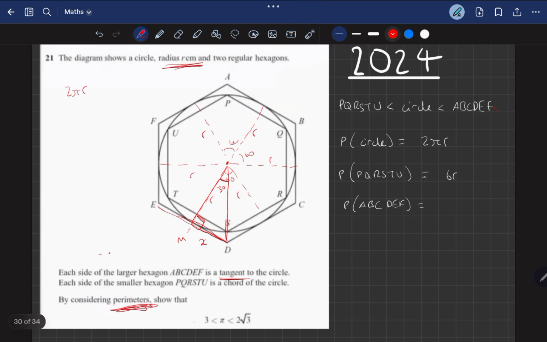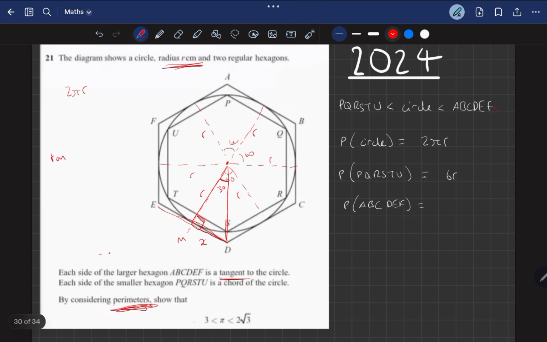Okay, so we have one side length in a right angle triangle that we know, which is r, and we have one angle. So what can we use? Yes, trigonometry. Here we have the opposite of the angle and the adjacent of the angle. That means we have to use tan.